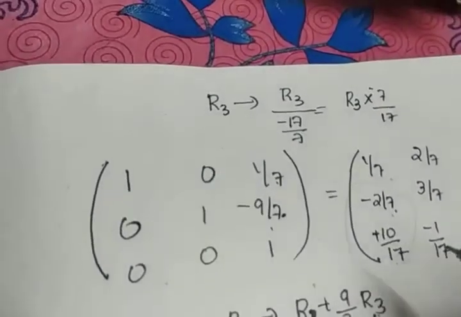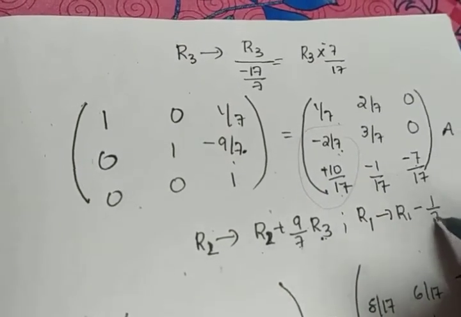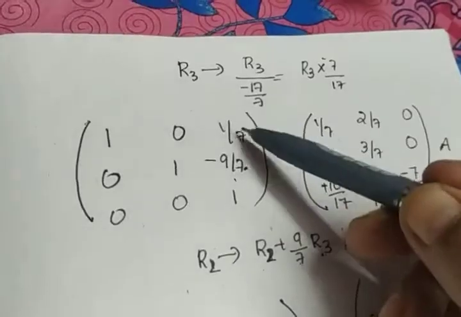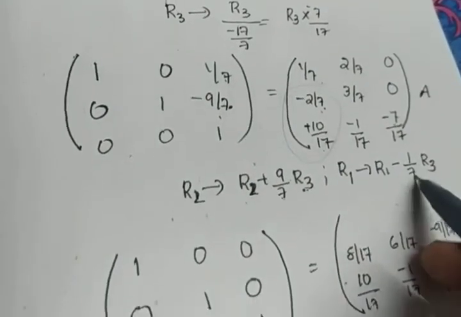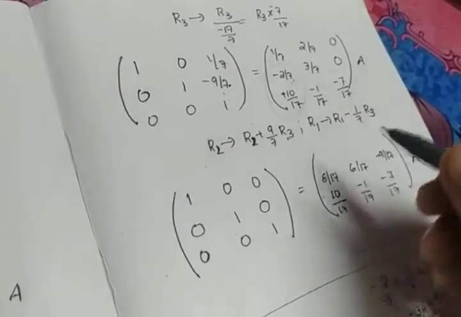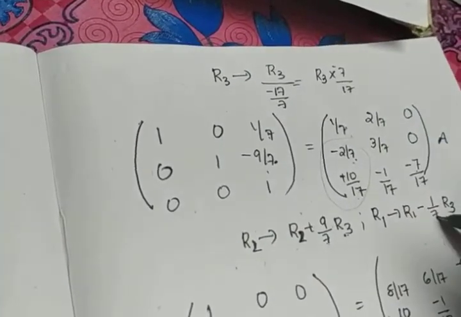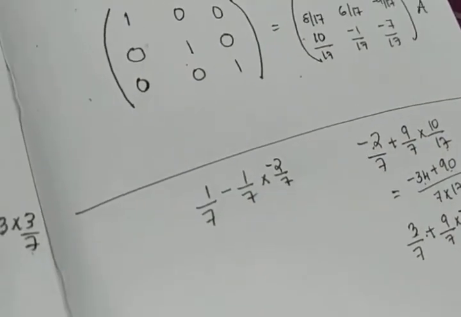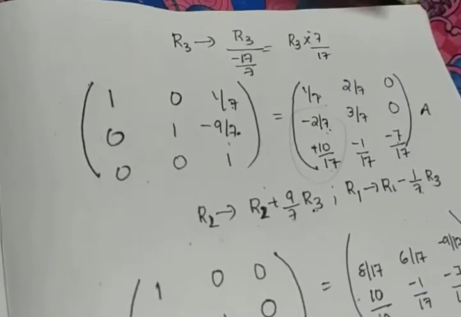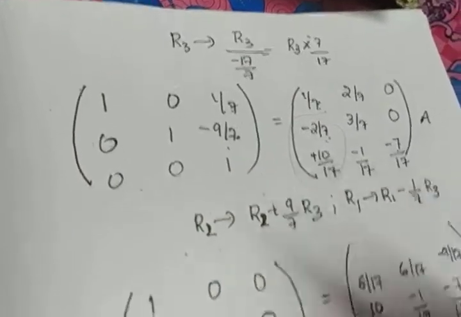What about the first row? The transformation is there. R1 changes to R1 minus 1 by 7 R3. We have to make this element 0. So we are getting 1, 0, 0. And on the right side we have to do the transformation. So what will be the transformation for the first element? 1 by 7 minus 1 by 7 into 10 by 17.